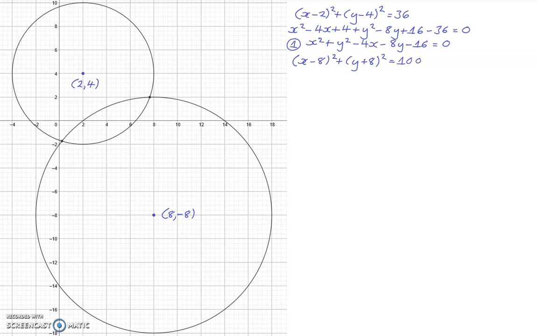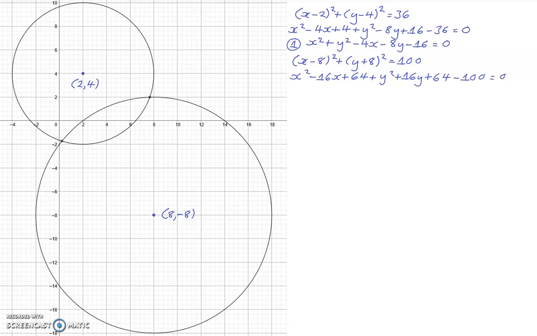And similarly again, when we expand the brackets, we get this.